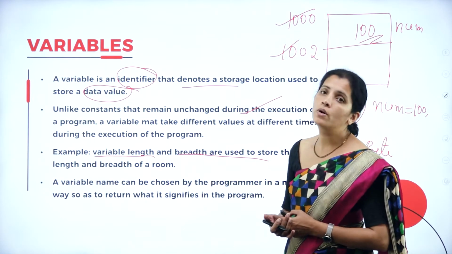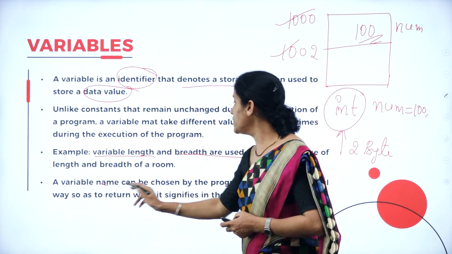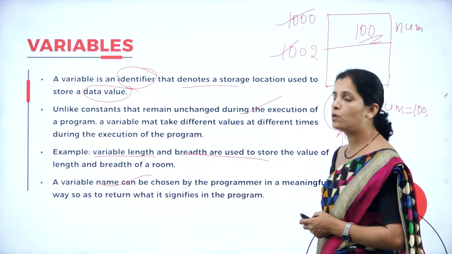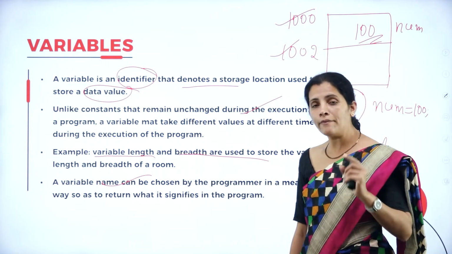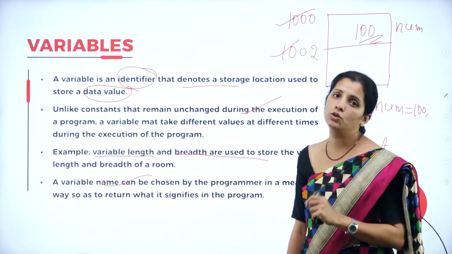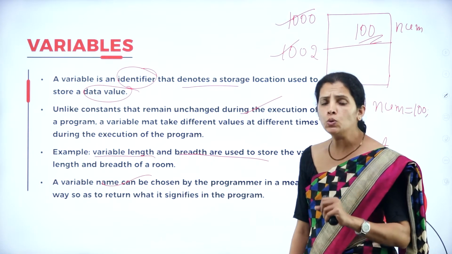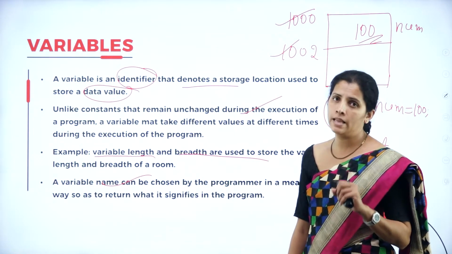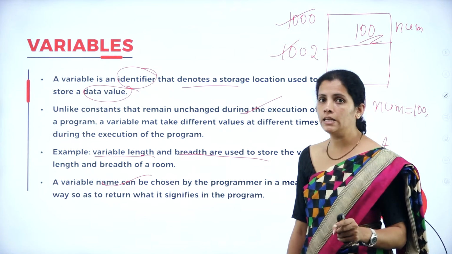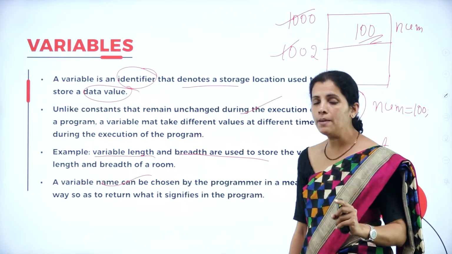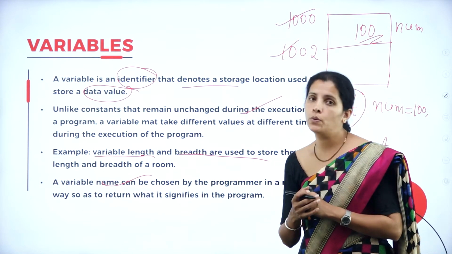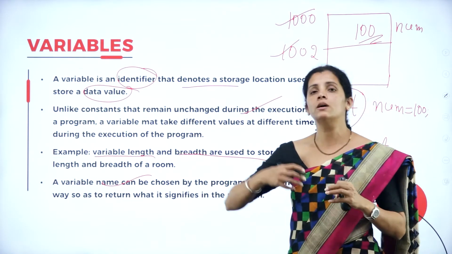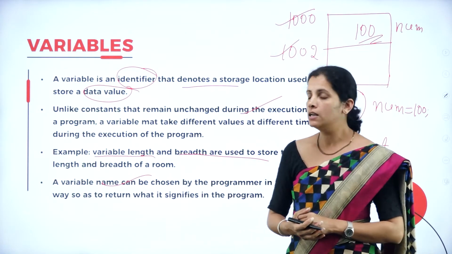Here a variable name can be chosen by the programmer. That means it is completely left to the user, who can choose any variable name. But while selecting a variable name, it's better to give an appropriate or exact variable name.